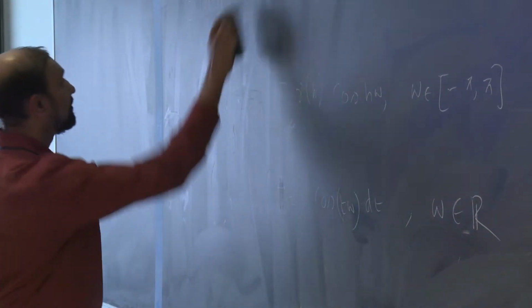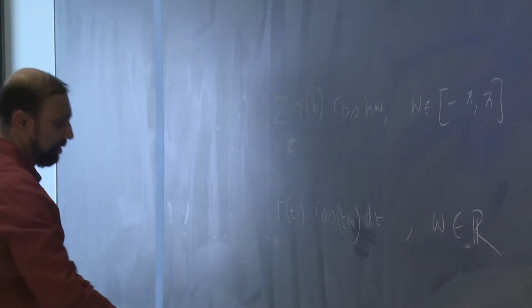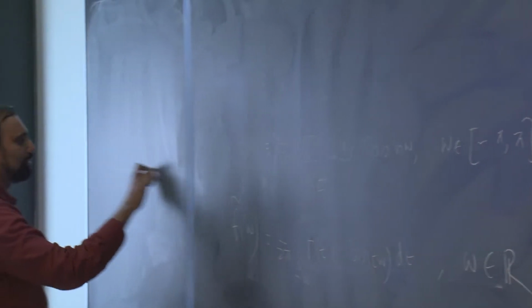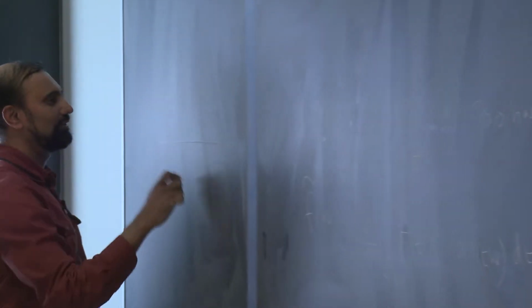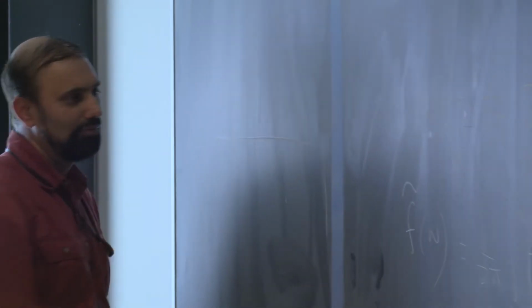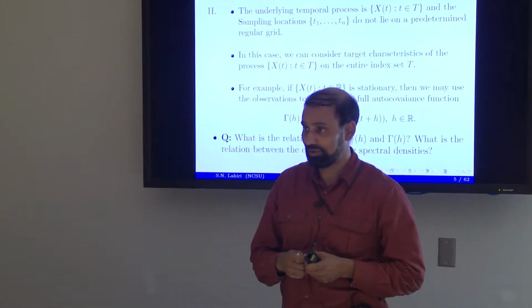Let's see. It's kind of strange, but it is true. I am drawing something that is corresponding to the normal distribution. So the PDF and the characteristic function, they'll have similar sort of structure, right?